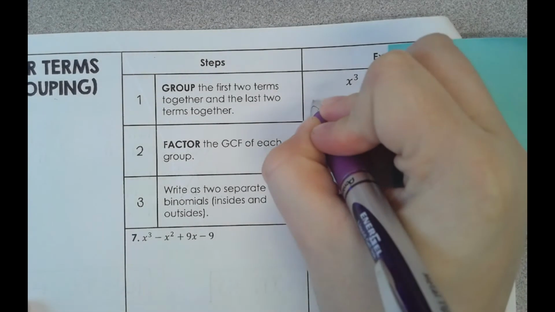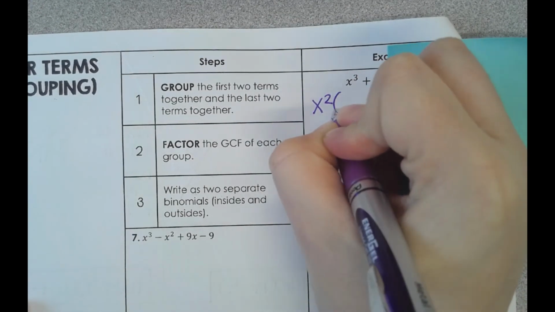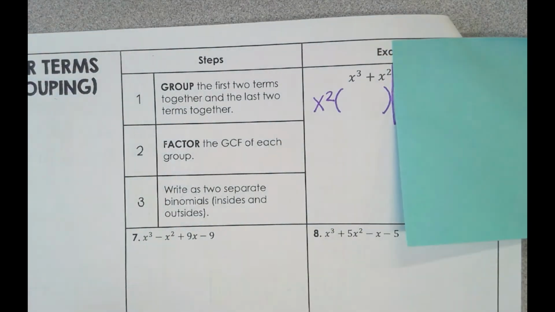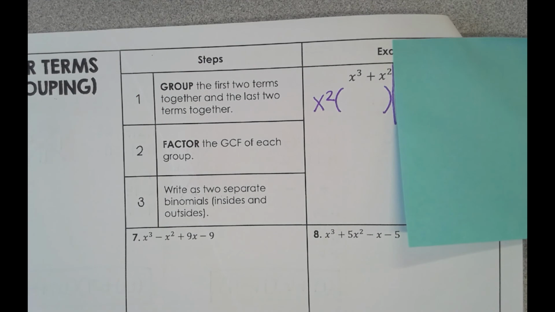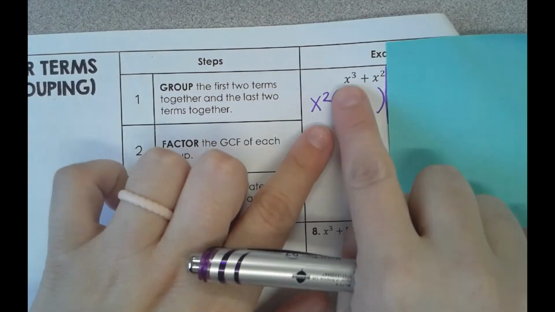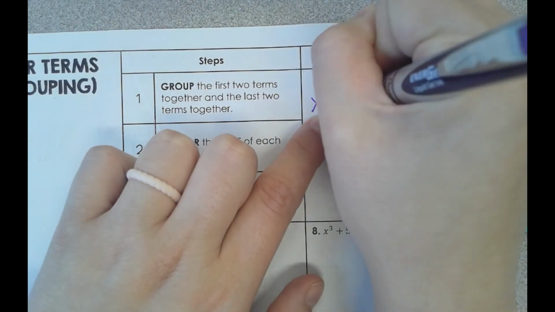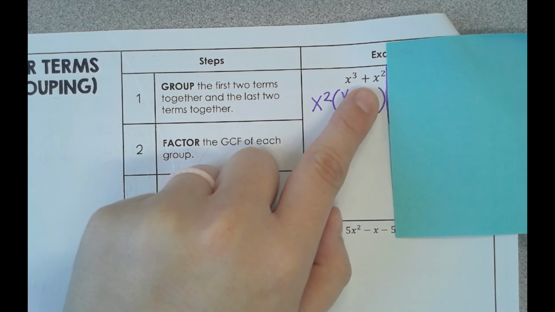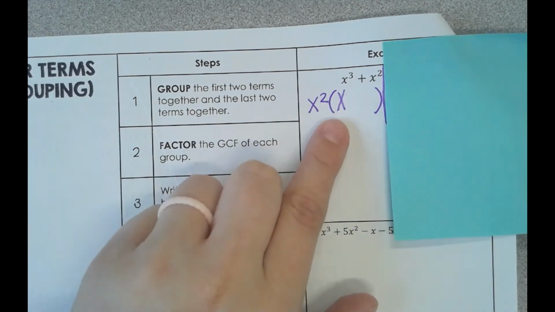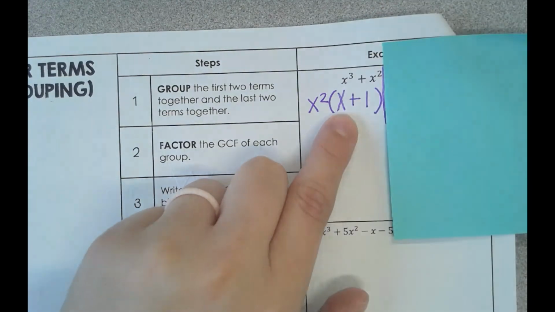I can factor out x squared. If I divide by x squared, this first guy just has an x left. Now that second one, I took everything that he had, so we're just going to write a plus 1. We just put a 1 in its place.